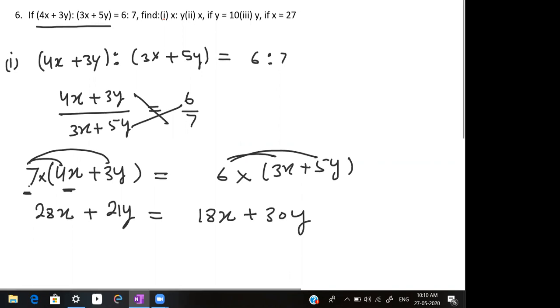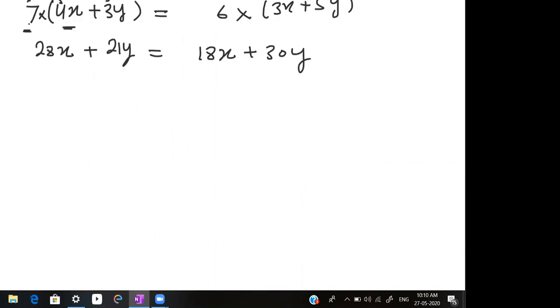Now what you have to do, you have to bring this x term here and y term that side. Okay, so that x term could be with x term, and y term should be with y term. Means we have to arrange like terms near to each other.